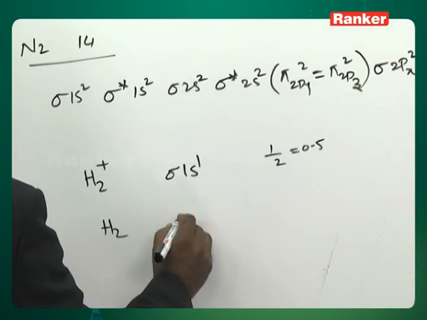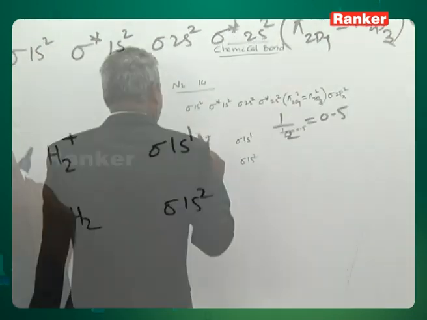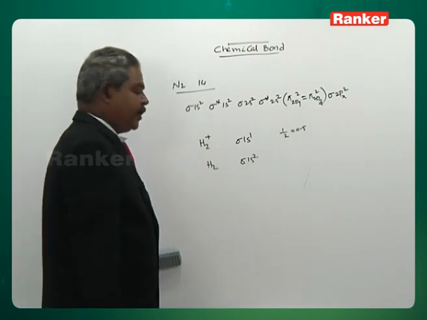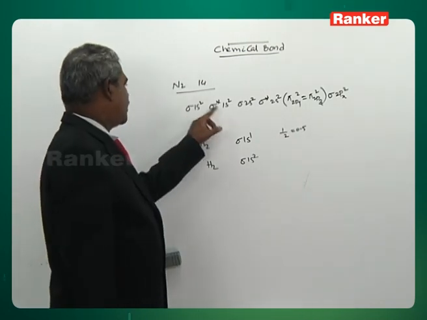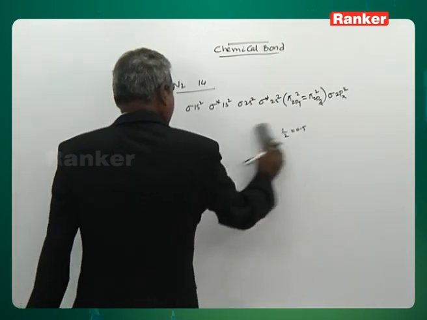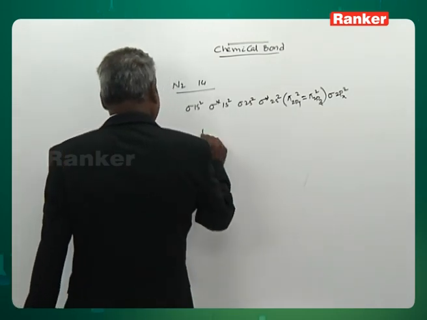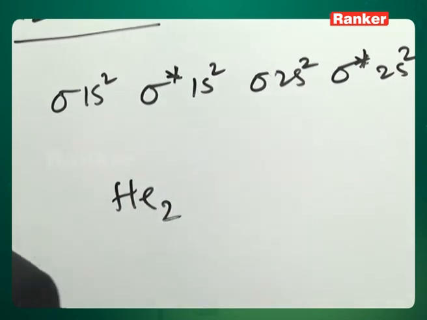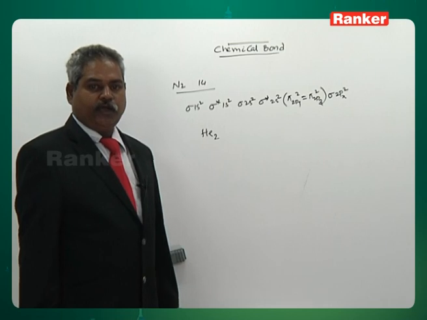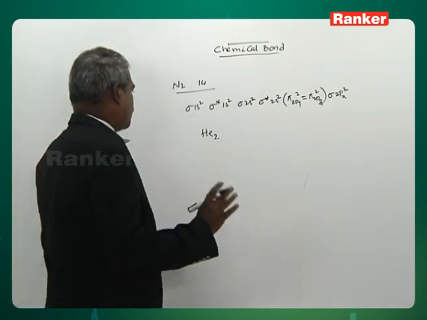H2, 2 electrons, sigma 1s2. 3 electrons: 2 here, 1 here. 4 electrons: 2, 2. So what will be the bond order of He2? He2 means 2 helium atoms, there are a total of 4 electrons.